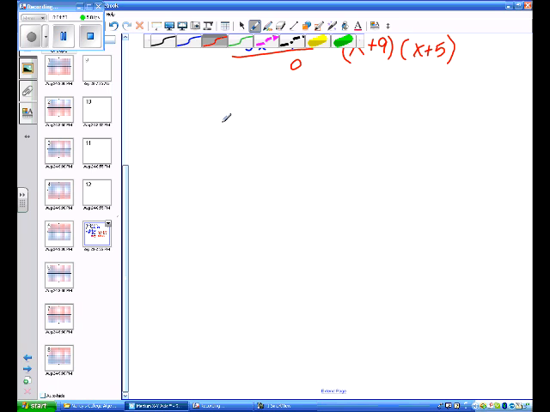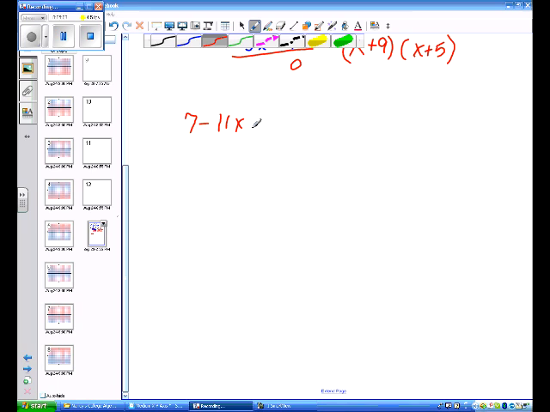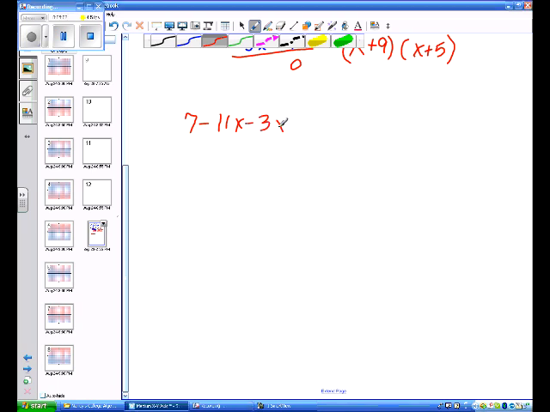Let's say that we want to divide 7 minus 11x minus 3x squared plus 2x cubed divided by x minus 3. Now, when we go to do our long division, we want to put things in descending order.